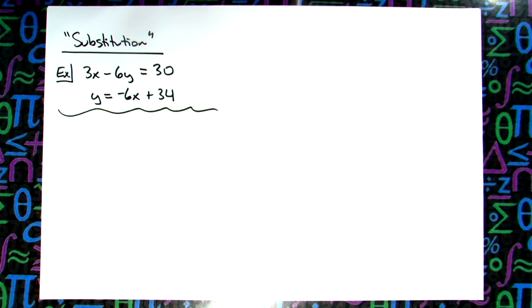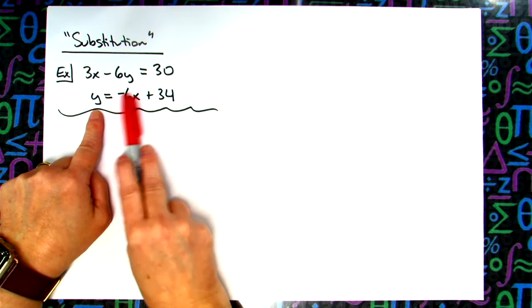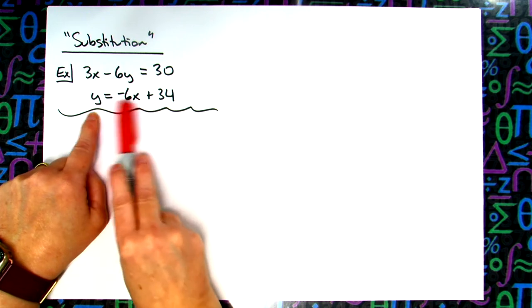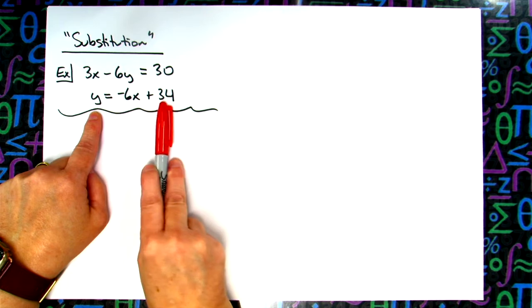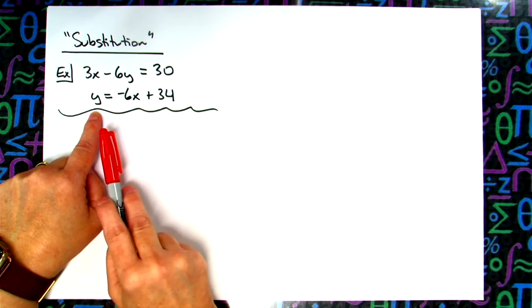Okay, so think before you start to do something. All right, substitution. Can I substitute something? In this bottom equation, they're telling me that this quantity right here is the same thing as my y. So could I substitute this in for the y in that first equation?